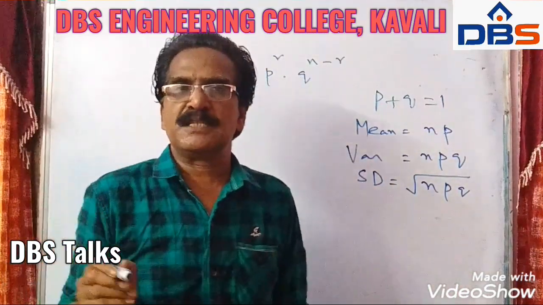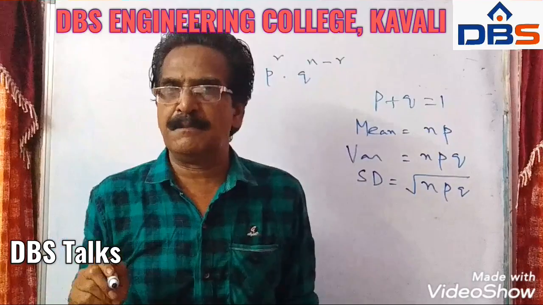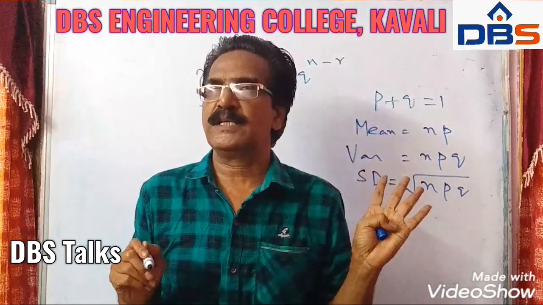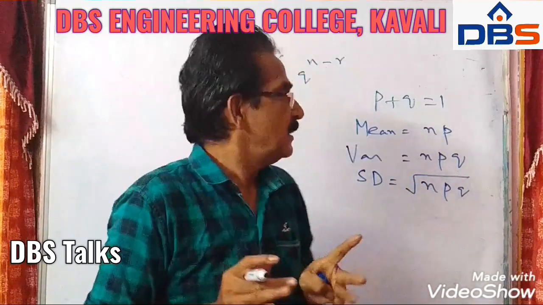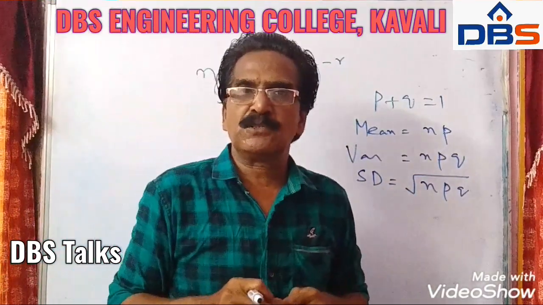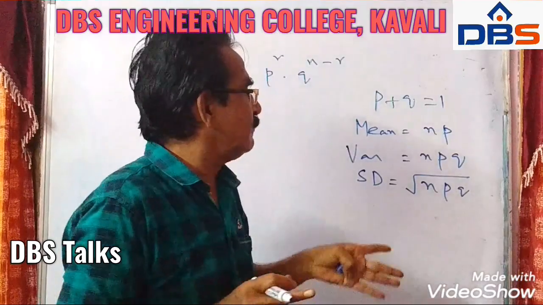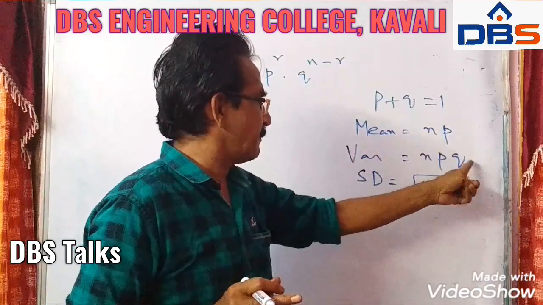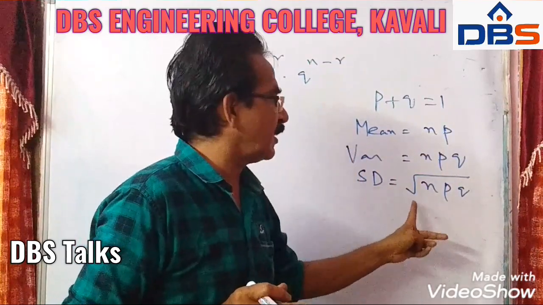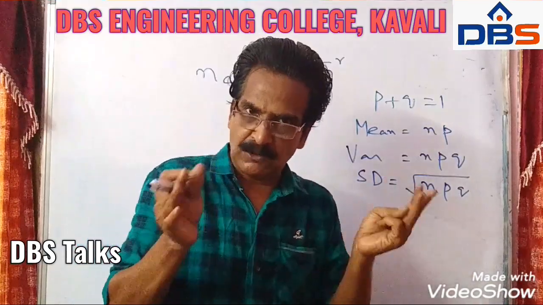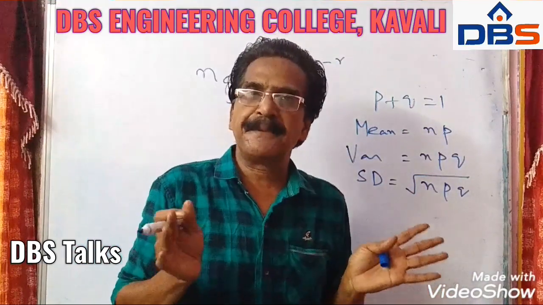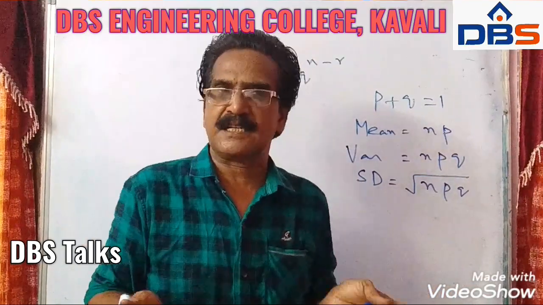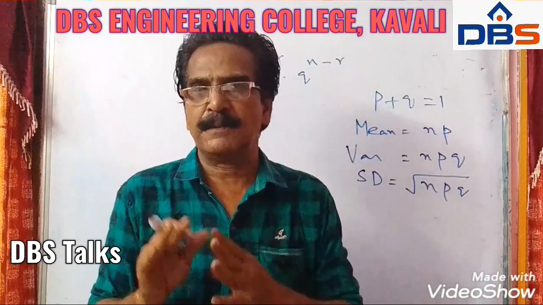So, most of the questions in general in binomial distribution revolve around these 4 things, which have to be remembered. Mean np, variance npq, standard deviation root of npq, where n is the total number of trials and p is the probability of getting success and q is the probability of not getting success, that is 1 minus p.